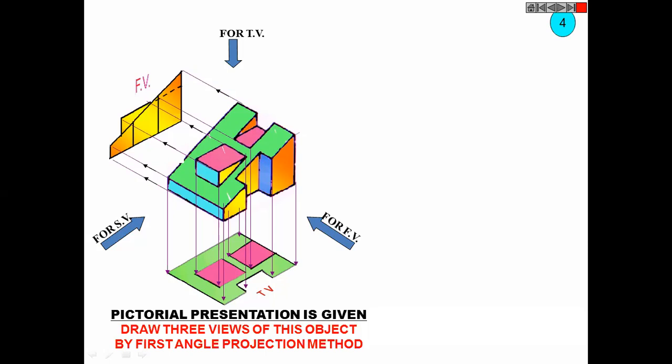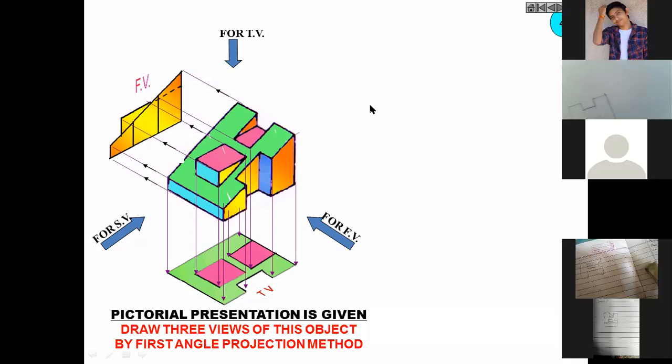Draw someone fast. You are taking too much time. It took 1 minute for me. So it must take not more than 2 minutes for you. Dhruv, show it properly. I'm not able to see.